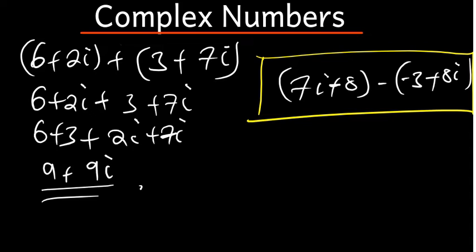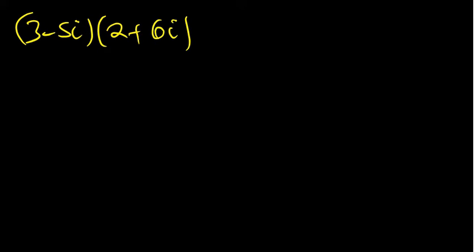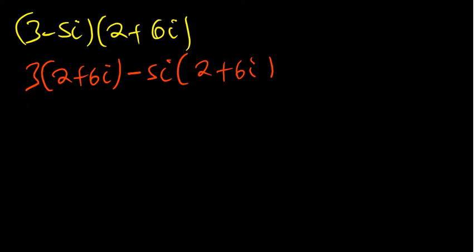Okay, so from there, now let's say we have 3 minus 5i, then we also have 2 plus 6i. So we know that this is going to be the same as 3 open brackets 2 plus 6i, minus 5i, then 2 plus 6i.